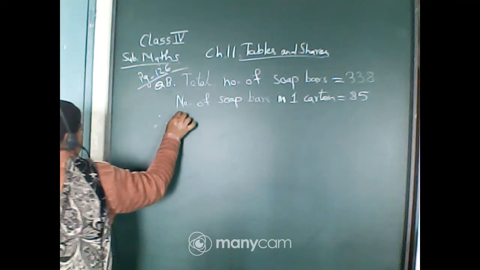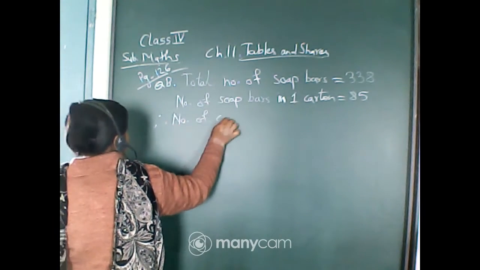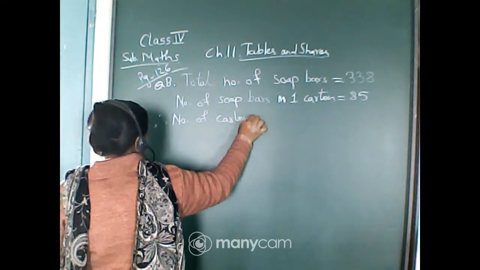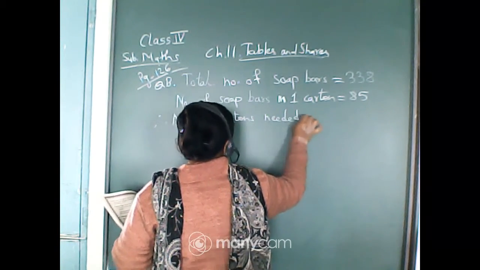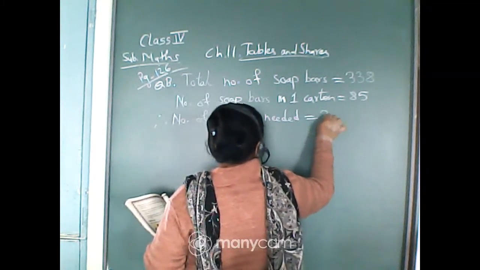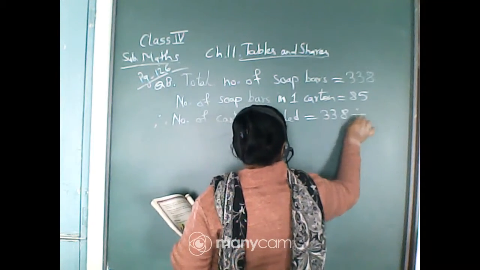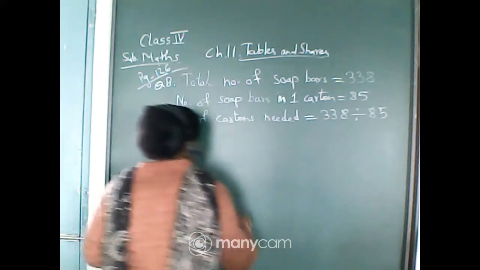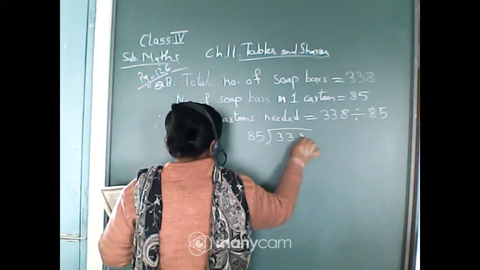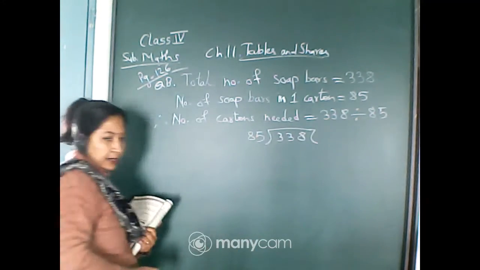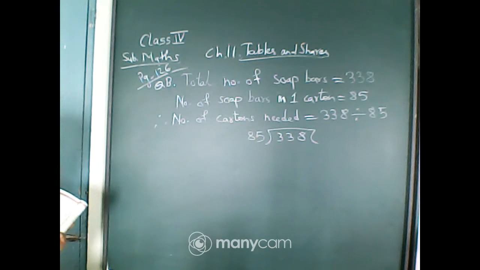Therefore, number of cartons needed is equal to 338 divided by 85. So 85 outside and 338 inside.